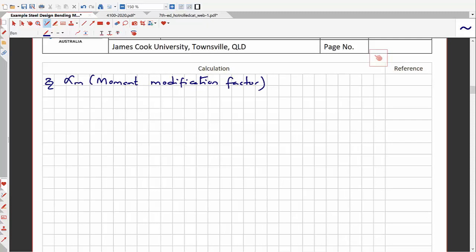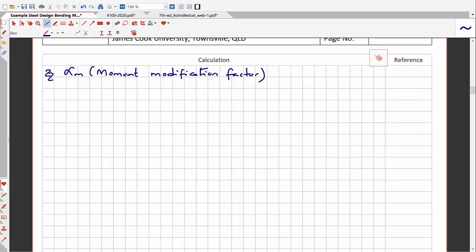Let's go and find out the moment modification factor, or alpha M. Again, alpha M, the moment modification factor, depends on the shape of the bending moment itself. It doesn't depend on your cross section. It's based on the shape of the bending moment. Now we have a simply supported beam with a uniformly distributed load over the span of 3 meters.